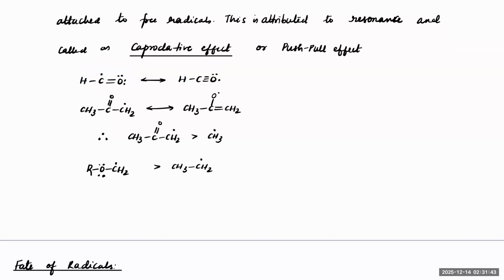But the problem here is this oxygen still has not completed the octet. Okay. So this is the way it will be observed. I mean, these two are the resonating structures. And because of that, you will see this compound is observed to be more stable than benzyl radical.